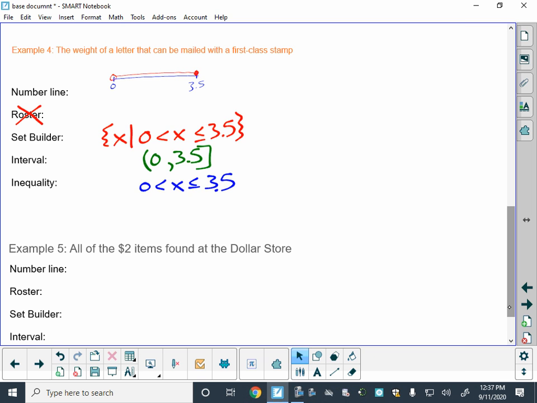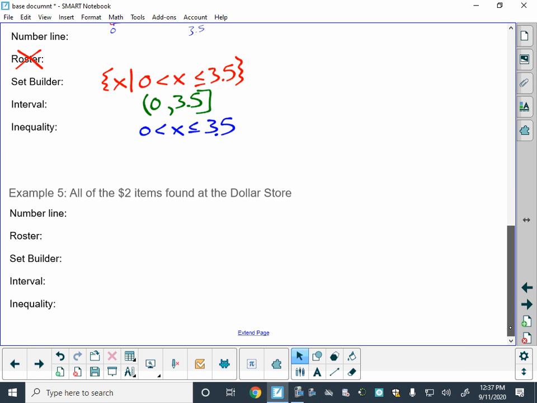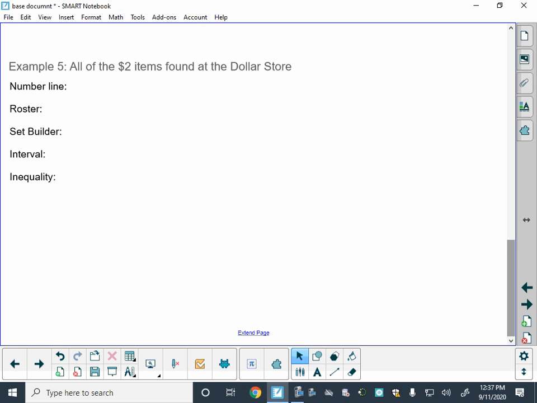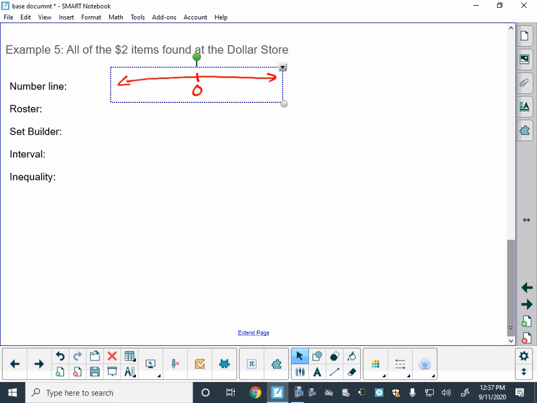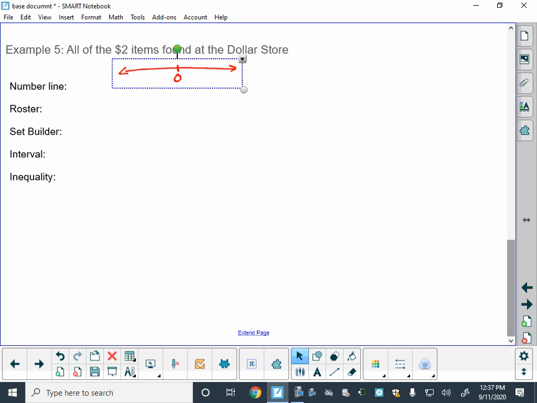Okay. And we're going to do one final example here. This example is all of the $2 items found at the dollar store. Okay. So I'm assuming that at this point there are none, so our number line, we'll go ahead and mark where the 0 is, but we make no other marks on there because there aren't any $2 items at the dollar store.